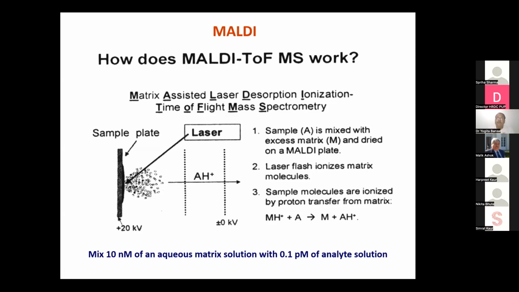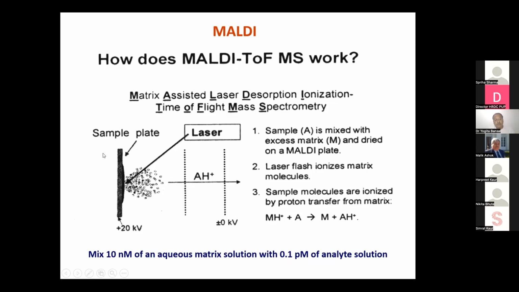That heat will induce collisions, and those collisions will induce transfer of hydrogens from matrix to molecule, or from molecule to matrix, depending upon the nature of the molecule. Accordingly, we get protonated molecular ions, which are then detected by the detector.